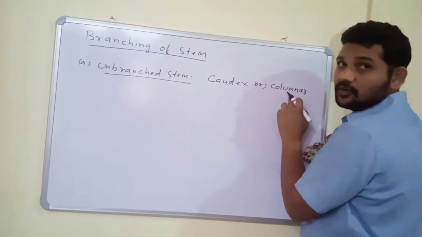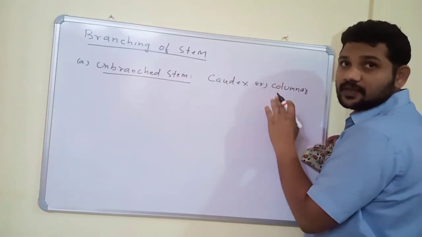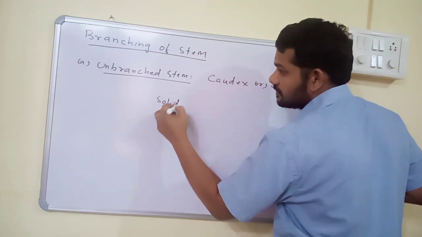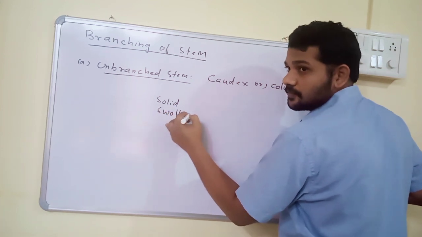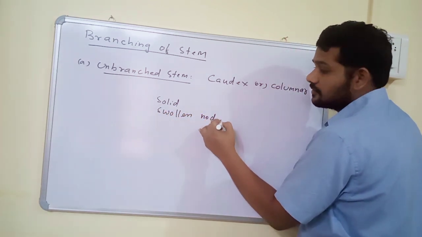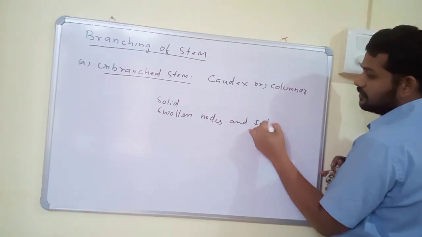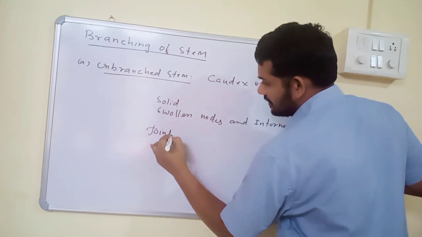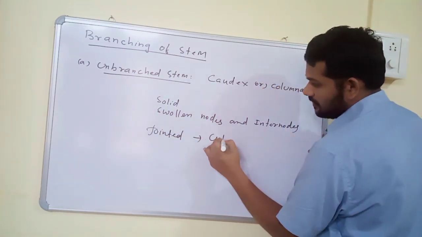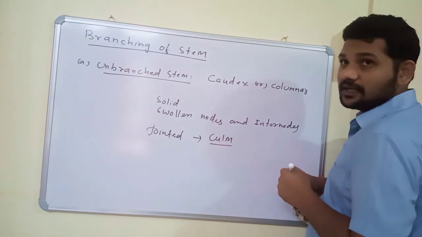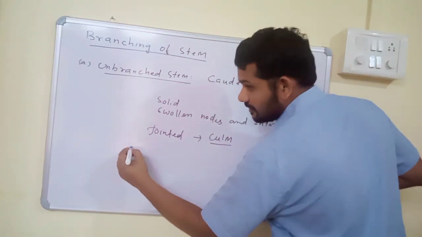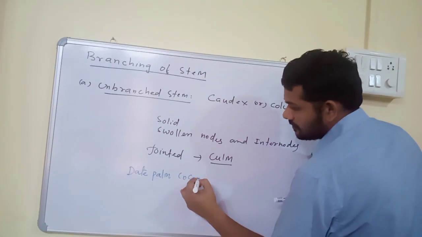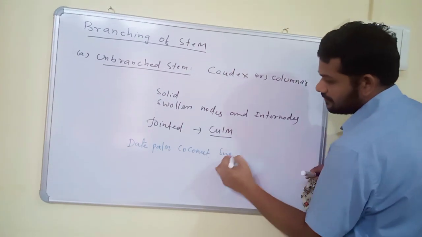This caudex or columnar unbranched stem has solid, swollen nodes and internodes, and they give it a jointed appearance. The jointed appearance is called culm. Examples are date palm, coconut, and sugarcane.